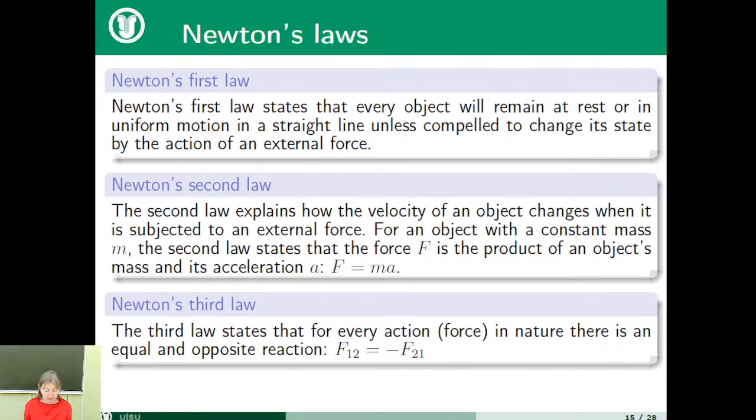This equation is simple, but we must use it cautiously. First, we must be certain about which body we are applying it to. Then F net must be the vector sum of all the forces that act on that body.